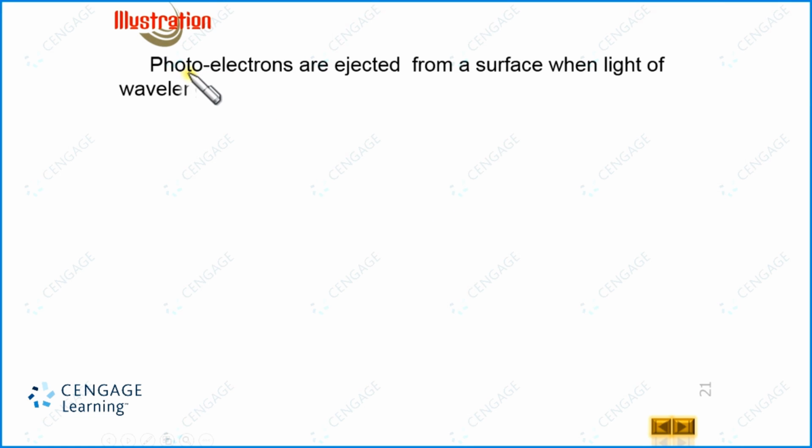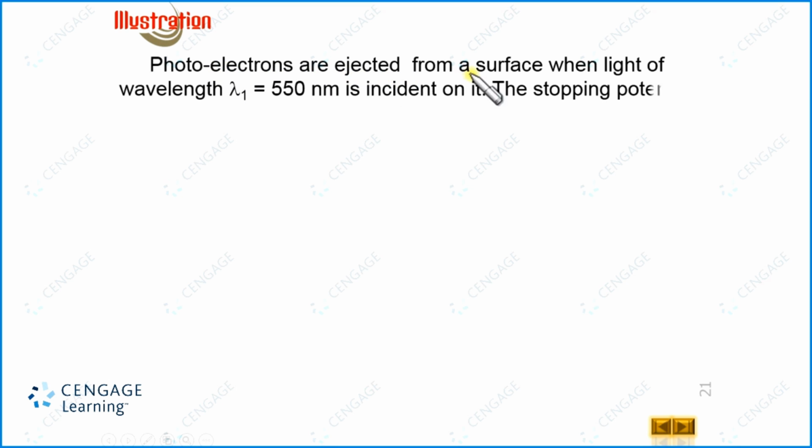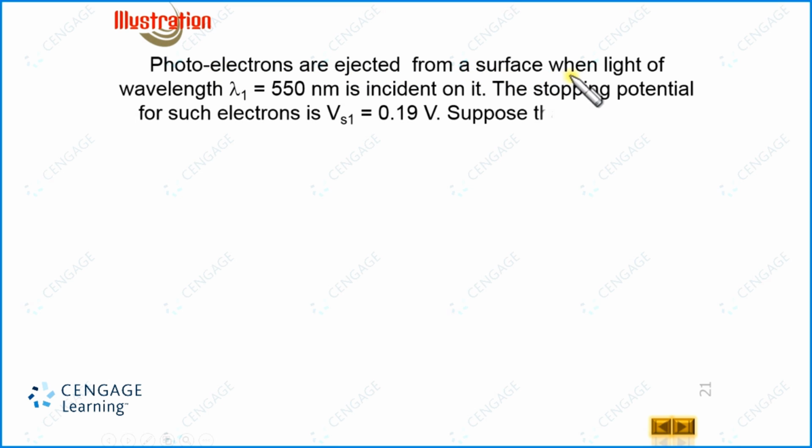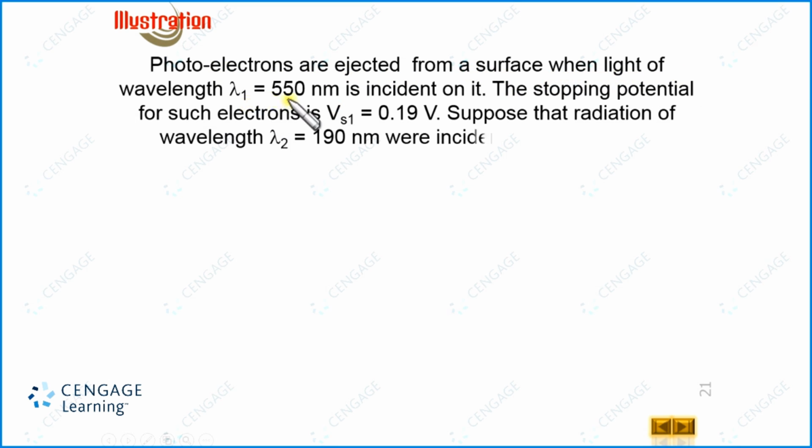In this illustration we are given that photoelectrons are ejected from a surface when light of wavelength lambda 1 equal to 550 nanometer is incident on it. The stopping potential of such electrons is Vs1 equal to 0.19 volt.